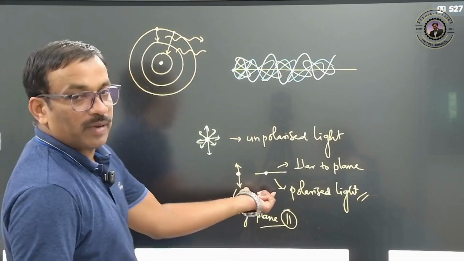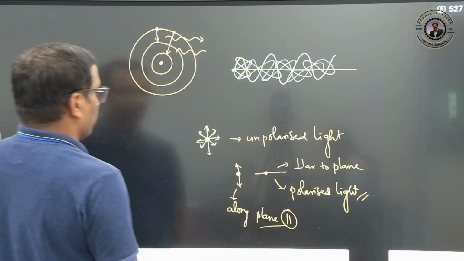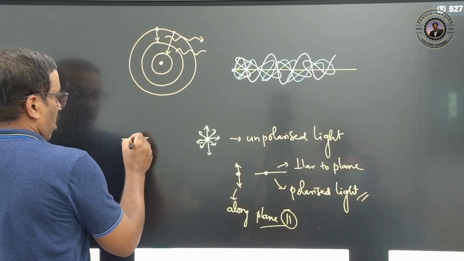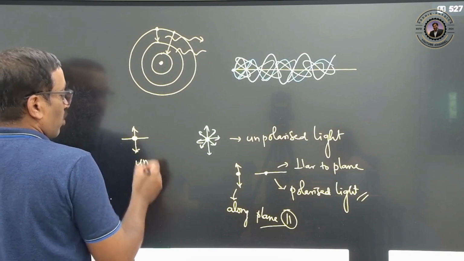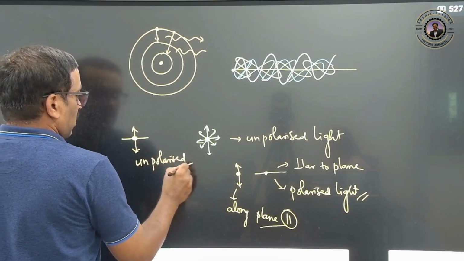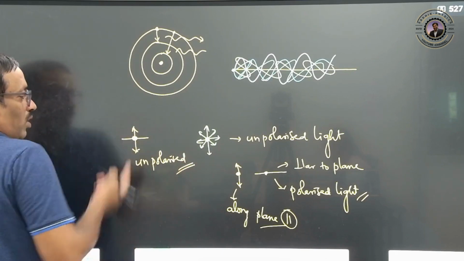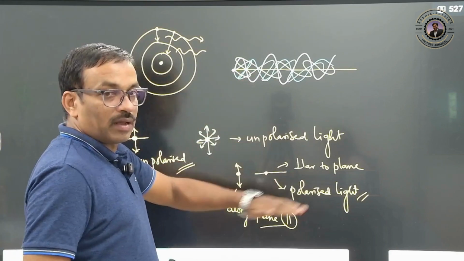These are the two vibrations, and these two are indicated as polarized light. For unpolarized light we have a dot and an arrow; this is the symbolic representation of unpolarized light. Now we are separating only one direction, either parallel or perpendicular to this.